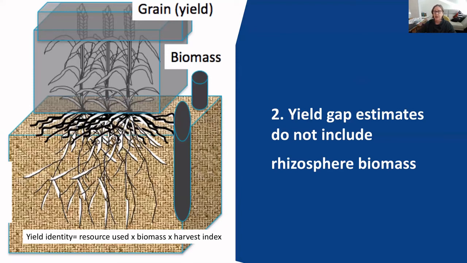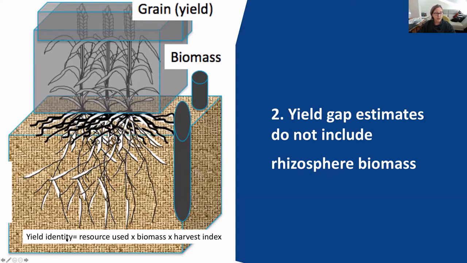Now, I'm going to look now at yield gap estimates. Yield gap estimates are very important for advising research, farmers, and practitioners as to whether yield gains can be made through the increased grabbing of soil resources, the increased production of biomass, and the increased production of grain, or harvest index, the allocation of biomass into grain.